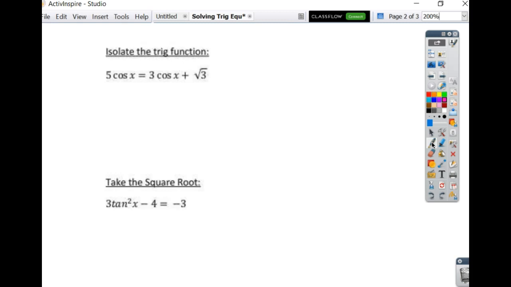All right. So when there's cosines on both sides and we have the +3, I need to get all the cosines on one side. So I'm going to subtract. And then I'm going to divide by 2.